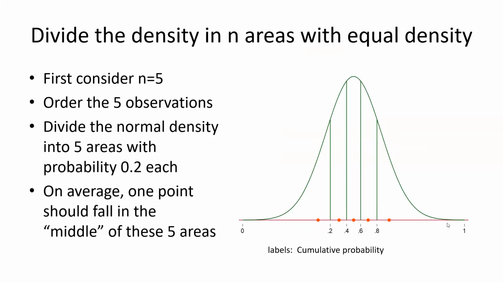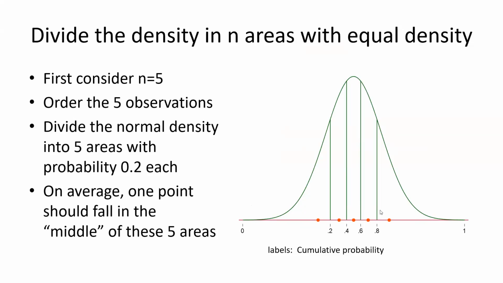Now, we're going to pick 1 point representative of the bin, and the most obvious one to pick is the median inside of the bin. By median, I mean this ends at 0.2 cumulative probability, so the median between 0 and 0.2 is 0.1 probability mass, and between 0.2 and 0.4 is 0.3, and so forth, right?